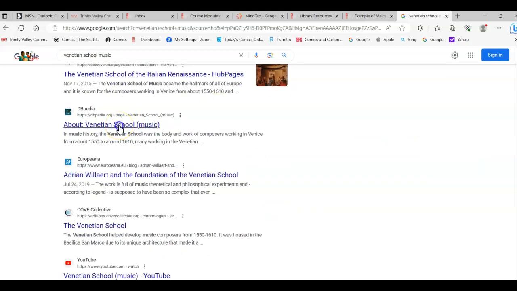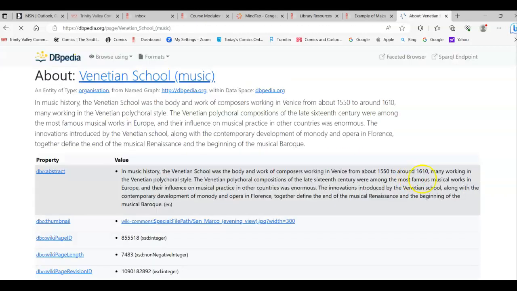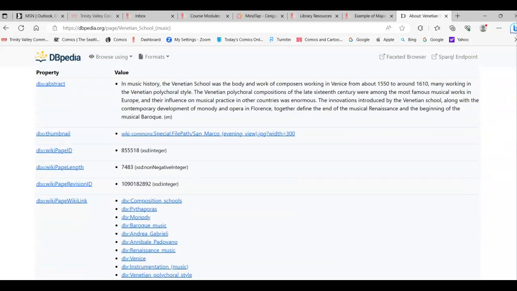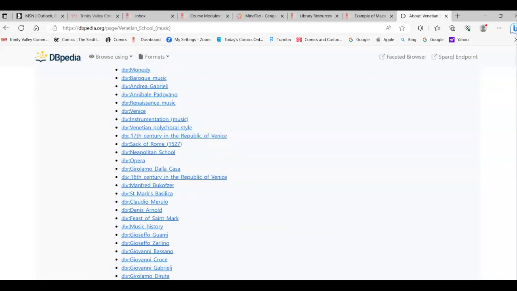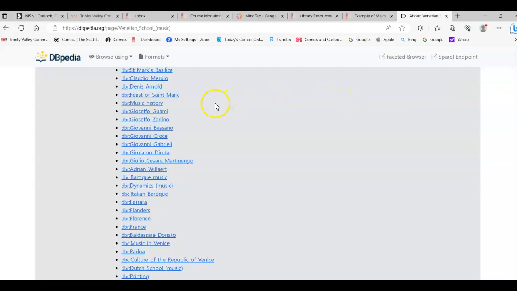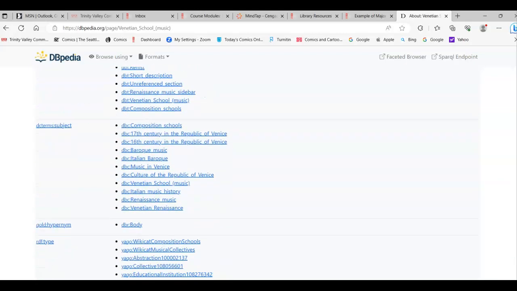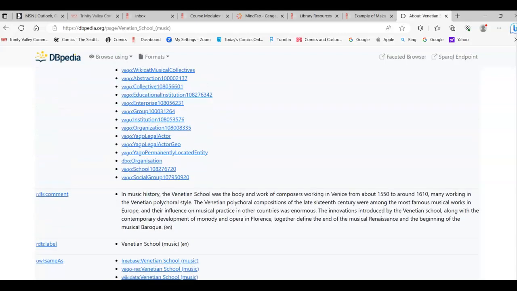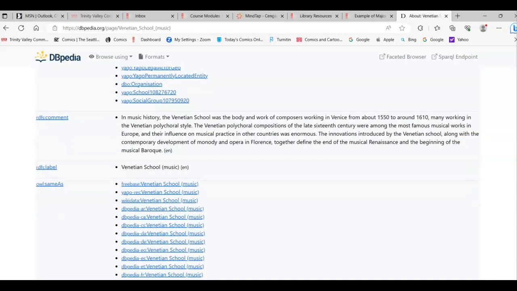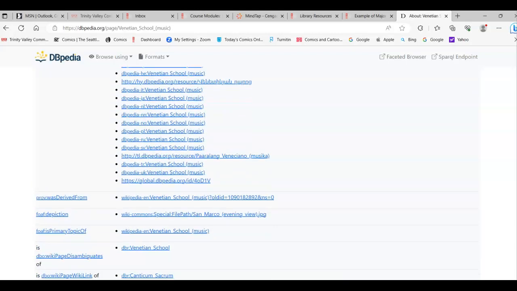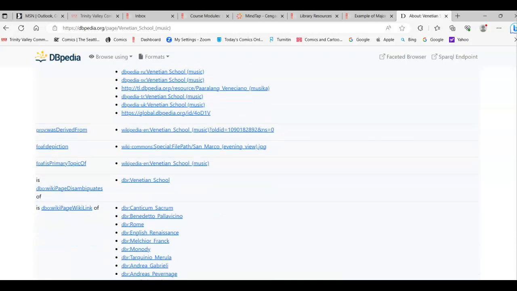This is an online encyclopedia. And it gives you quite a bit of detail here. And you can see, for instance, they give you some details here about it and links to other sites.